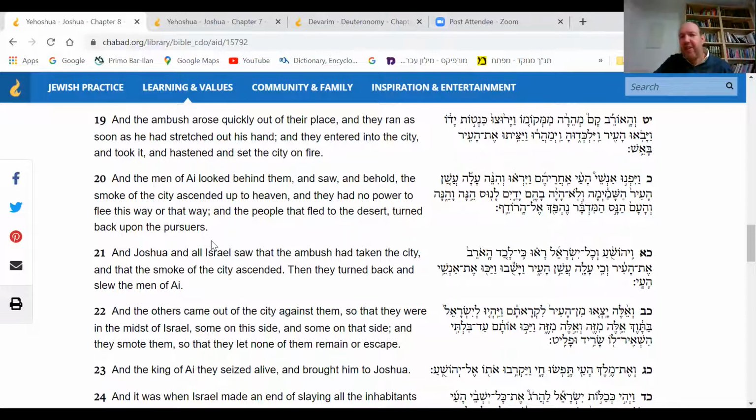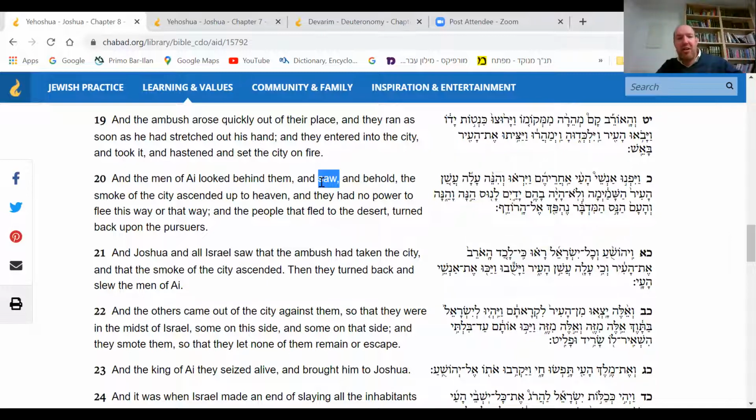Now, first of all, we see the contrast in the behavior of the people of Ai, because once again they see, vayir'u, they saw. This is what led them to give chase. Now, in this instance, what they see leads to the exact opposite response of fleeing.